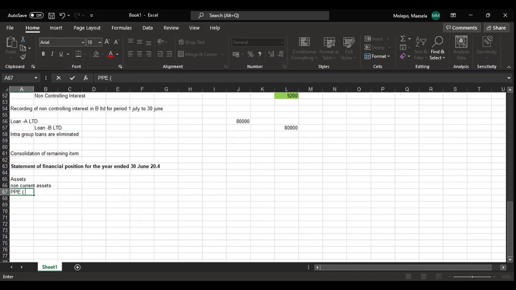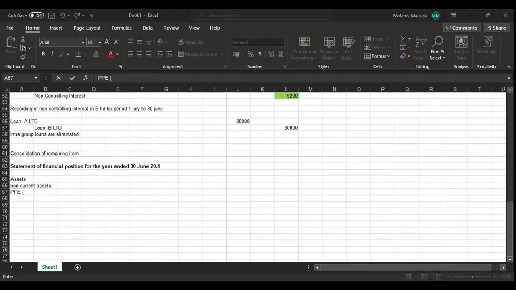The land at cost, we're going to have now the 250 plus the land acquired from the other guy. How much is it after the revaluation? 100,000, sir.